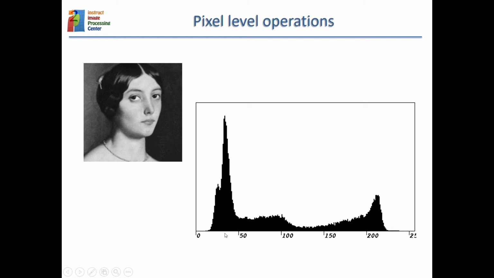So let's say that we have seen number 30 this many times, and then number 20 this many times. We never saw 0, we never saw 255, and this tally of pixel counts is called a histogram.